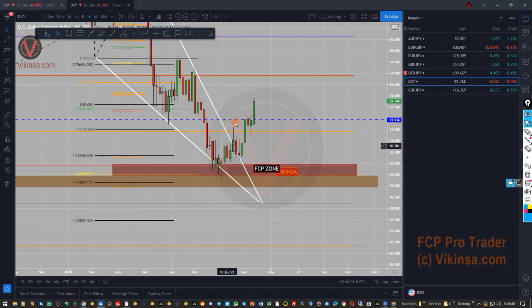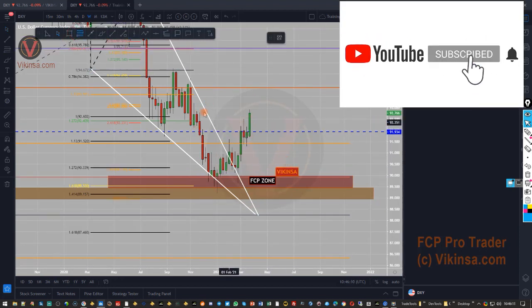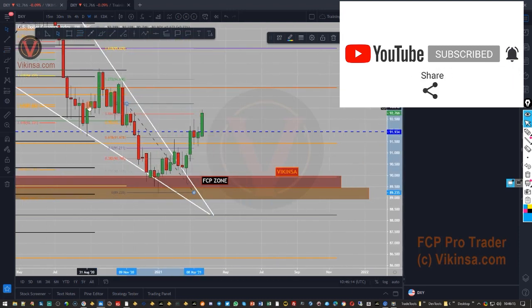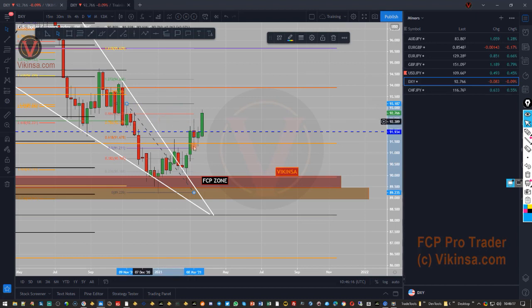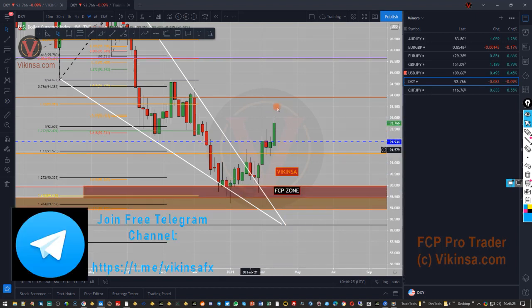You see we have a W pattern here, and if I draw a fib on it, you will see that it has come right into a particular zone and level which is confluencing with fib levels as well. So this can actually give us a good correction to the downside. And remember, on the higher time frame, this is also a corrective move, so that new correction will be a correction on this correction right now.